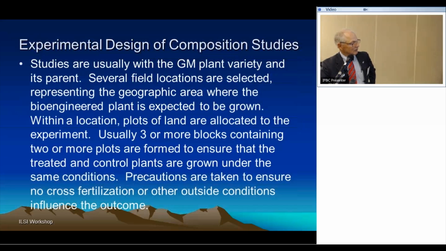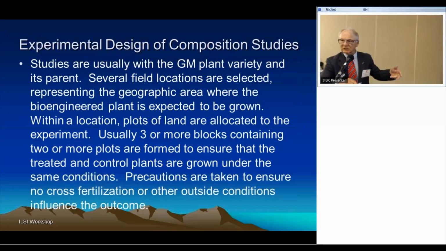So it's a way of partitioning out the effects, to ensure that you're only looking at the intended effect here, or the effect of the new plant protein and the transformation event on the plant. So we're narrowing down the differences that could exist as much as we can.